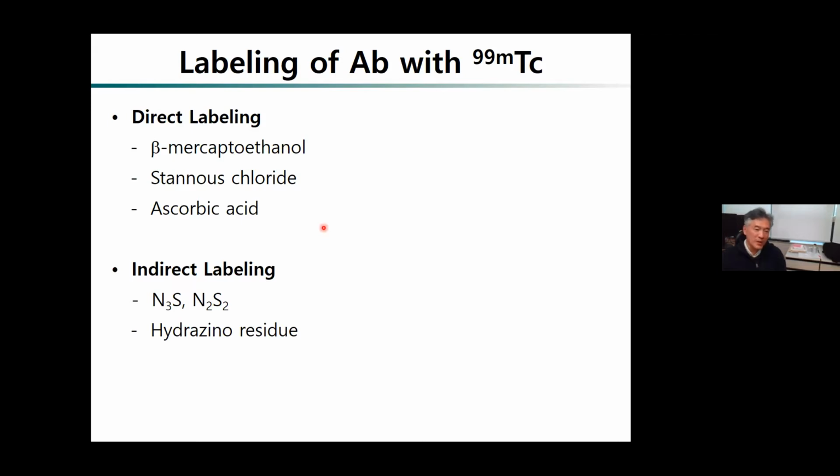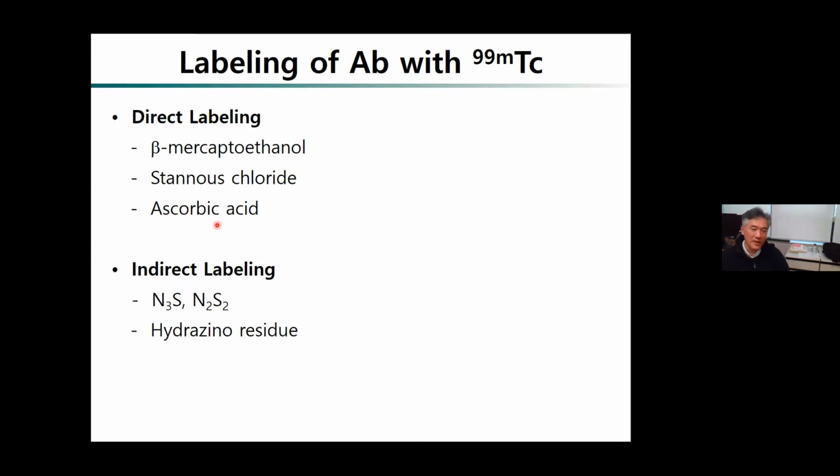For development of technetium-labeled protein, such as antibody or biologically active protein drugs, there are two types of labeling methods: direct labeling or indirect labeling.